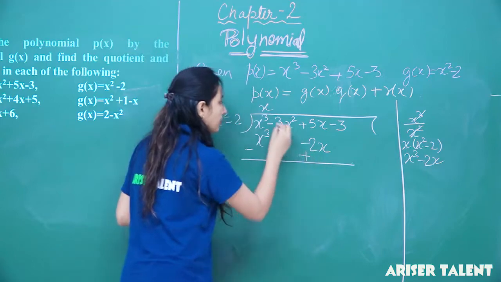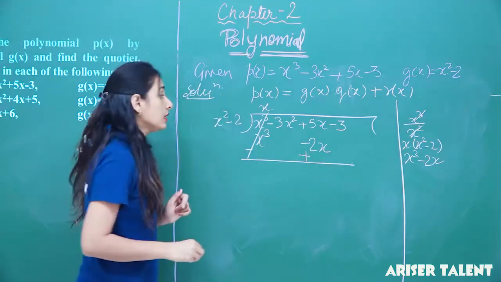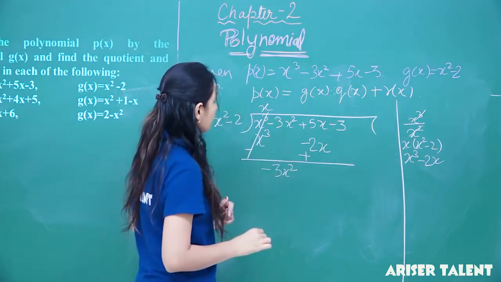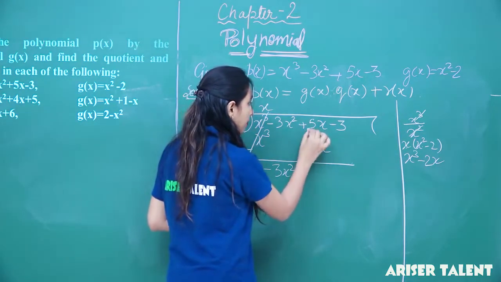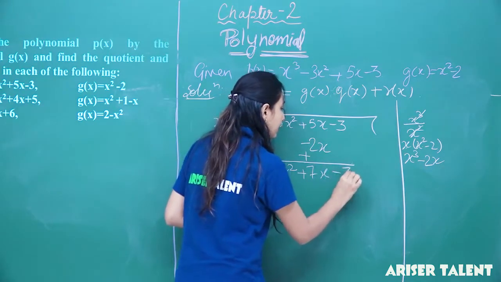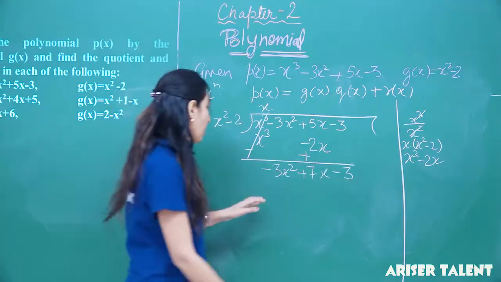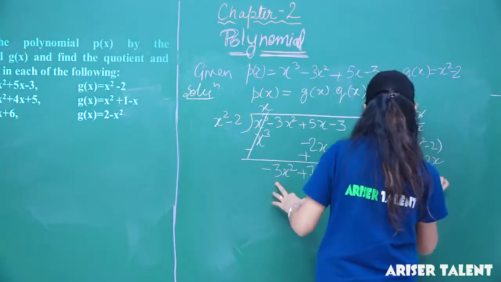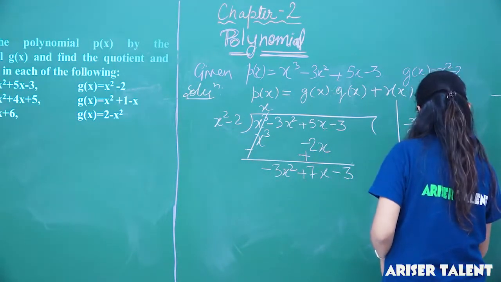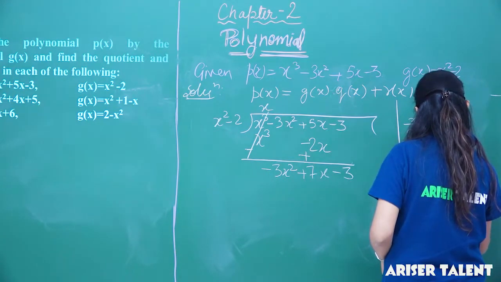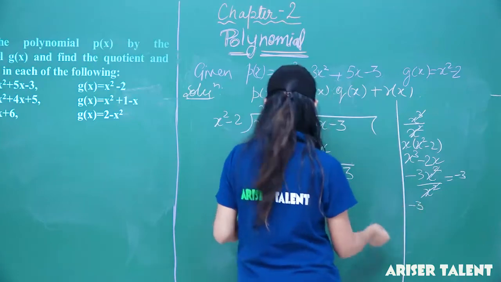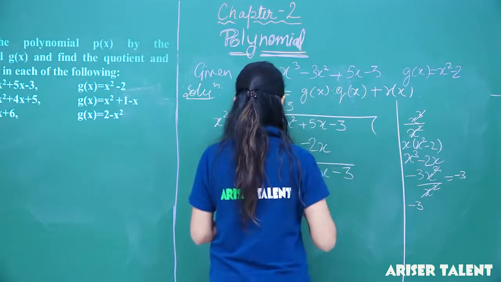Change the signs, you will cancel it out, then minus 3x square as it is. Okay. Plus 5x plus 2x will give you 7x and then minus of 3. Now, minus 3x square divided by x square, that will give you minus of 3. Now, just write minus 3 here.